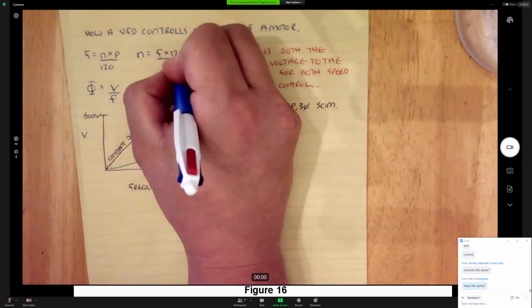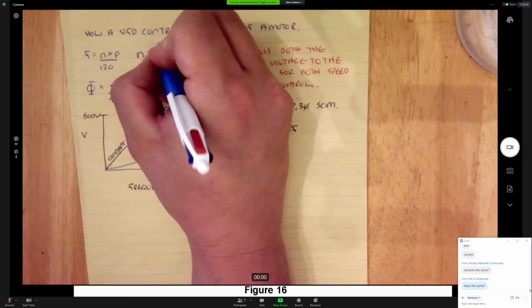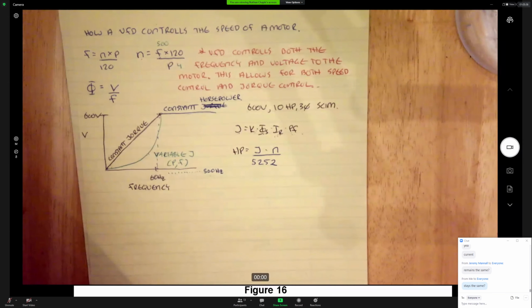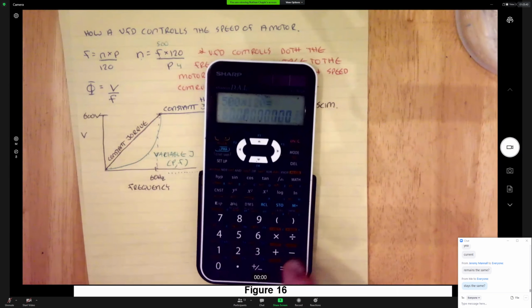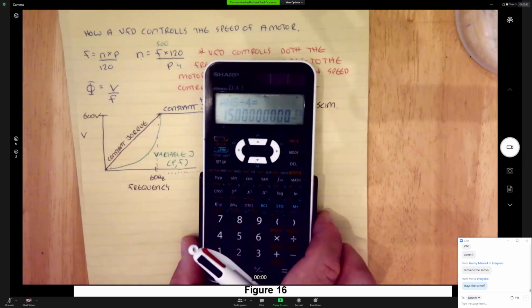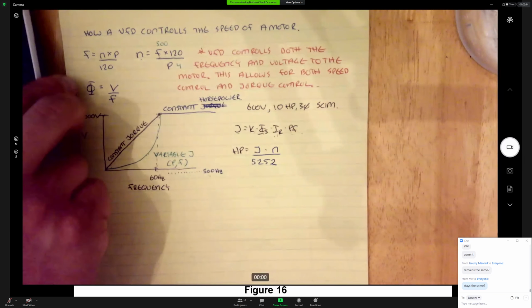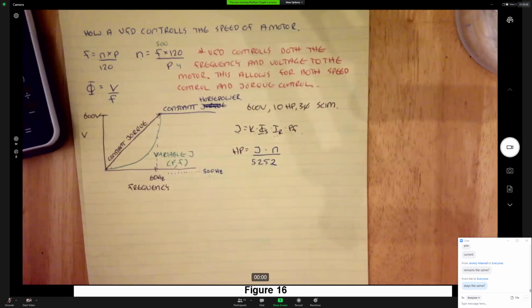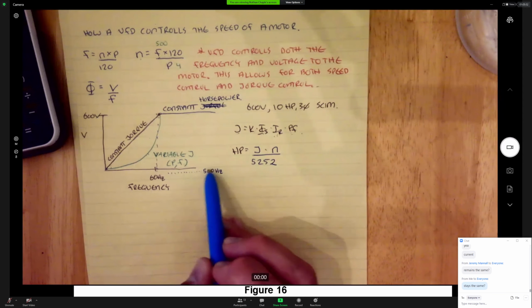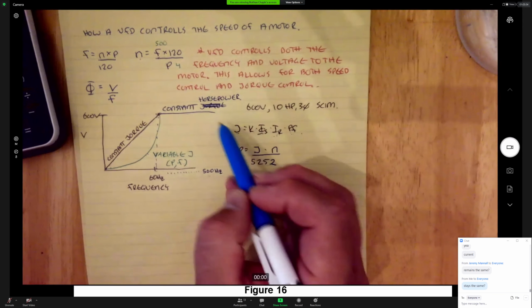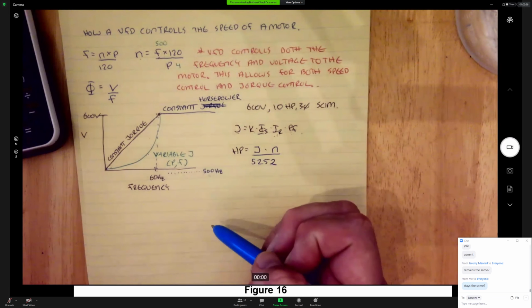If you applied 500 hertz to a 4-pole motor, we'll quickly do this, see how fast that bad boy is going to be spinning. 15,000 RPM. It's pretty wicked fast. In fact, it's so fast that that motor would probably blow itself apart. So we're not going to run up this fast, but the drive is capable of it.